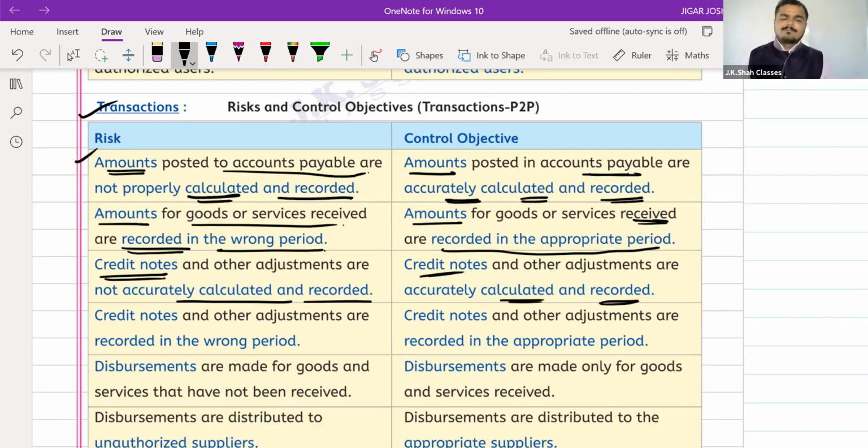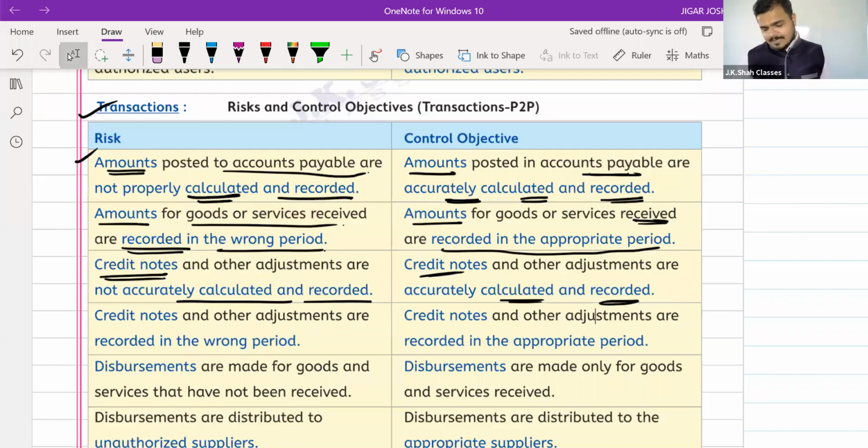Agree? Yes, sir. I returned the goods, my dear child, in the last quarter itself. Understood? Yes, in the month of December only. But my accountant had recorded this transaction in the month of January. Don't you think that quarter-wise it will give me the wrong result? Yes, sir. Because the transaction belongs to the day, it has to be recorded on the same day and same date only.